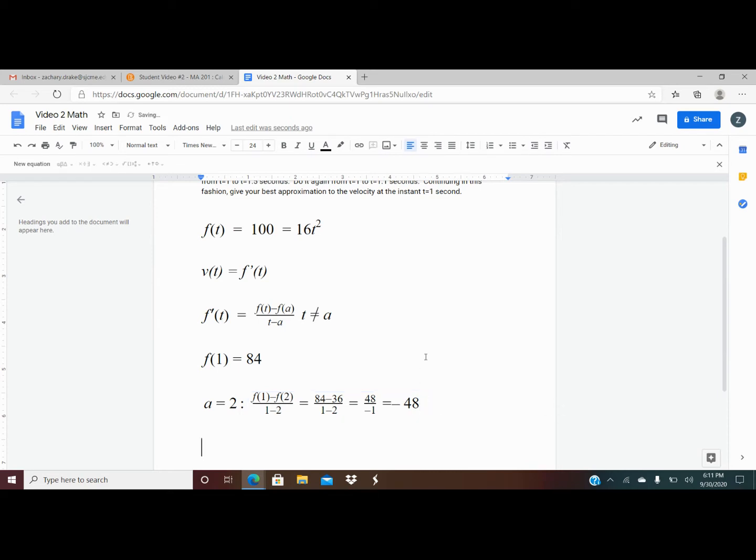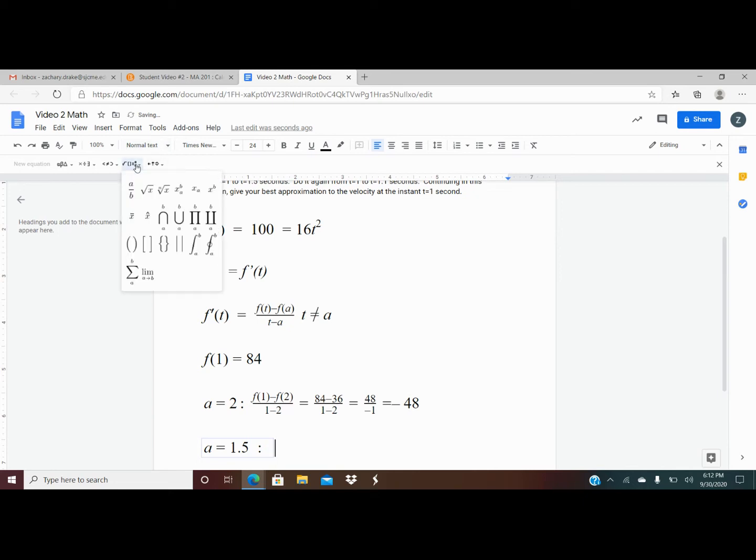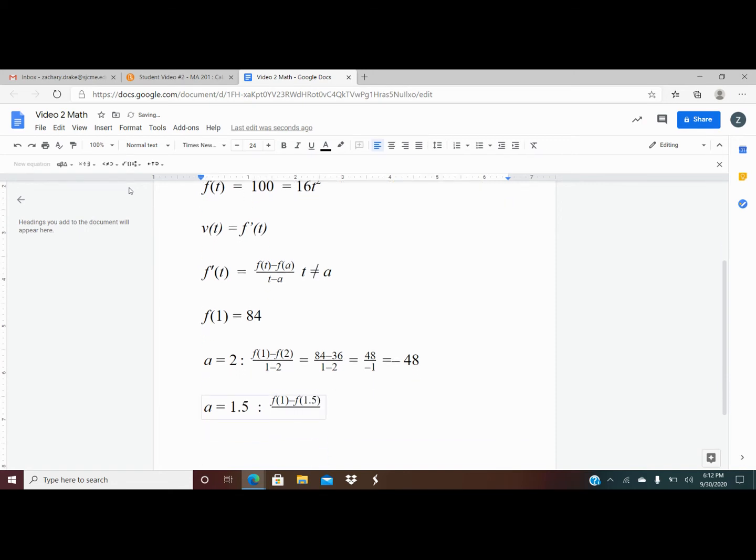Let's try this again for a equals 1.5. That's f of 1 minus f of 1.5 all over 1 minus 1.5.